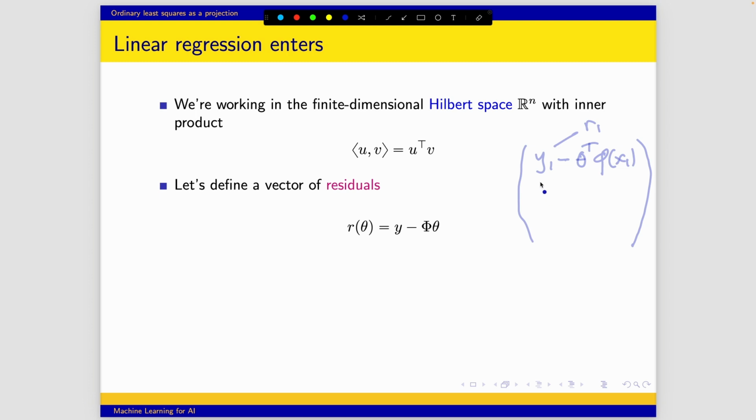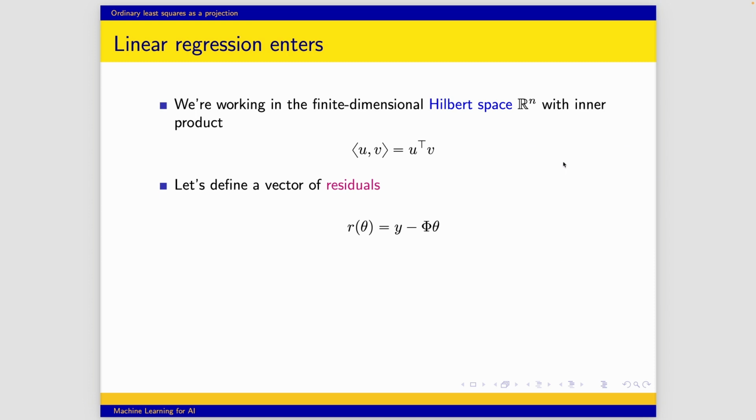And the second component of this vector will be y2 minus theta transpose psi at x2, and so on down to yn minus its prediction theta transpose psi at xn, right? Using our model. So this is our linear regression model. So this vector of residuals is literally just the discrepancies between predictions and our observations.